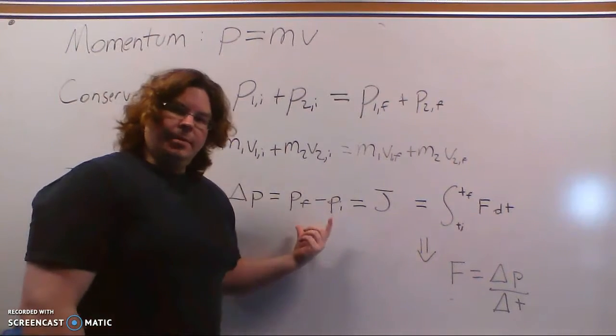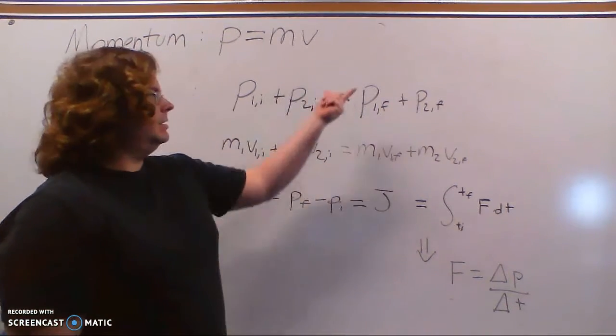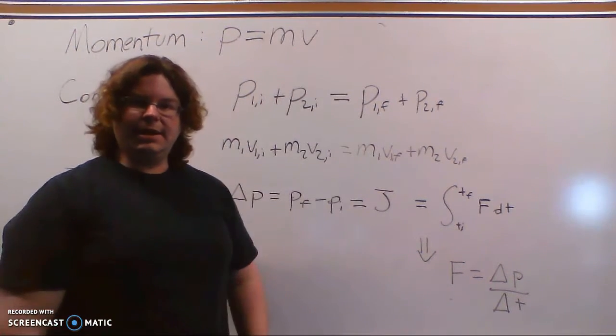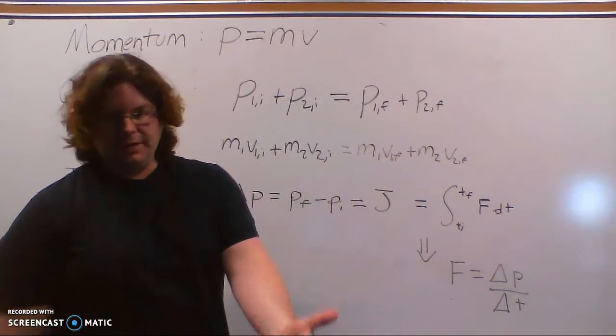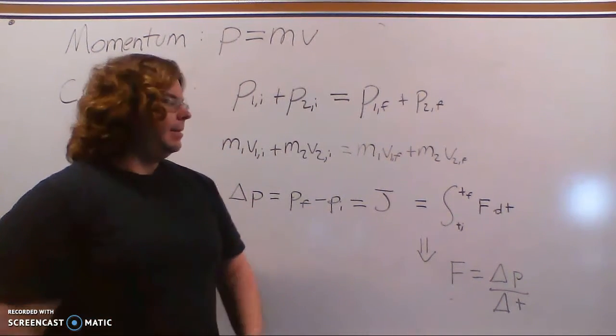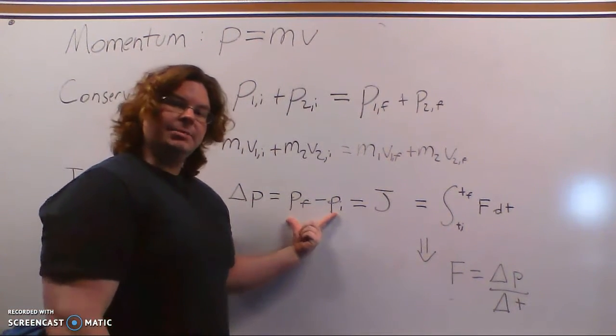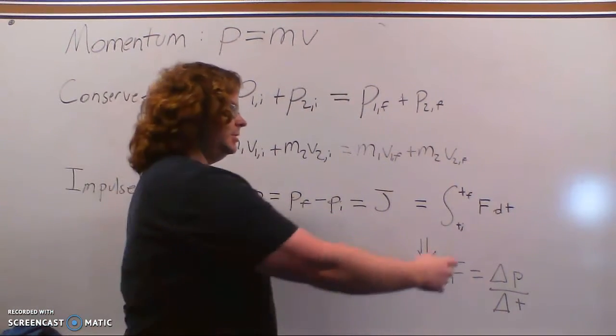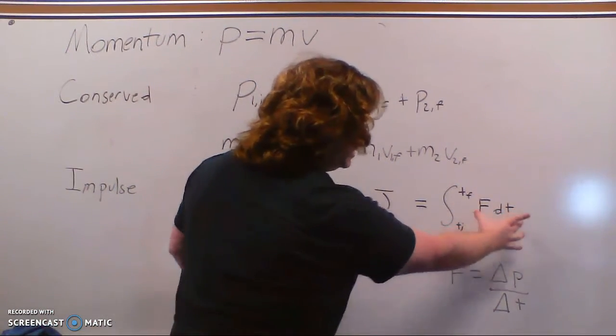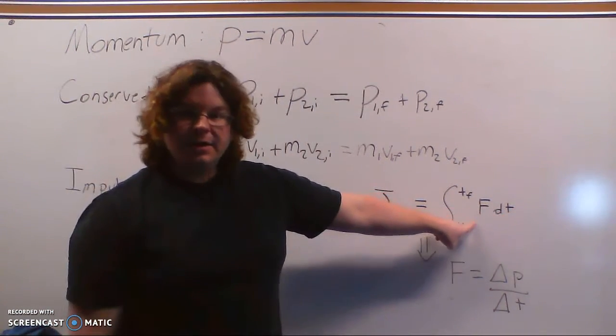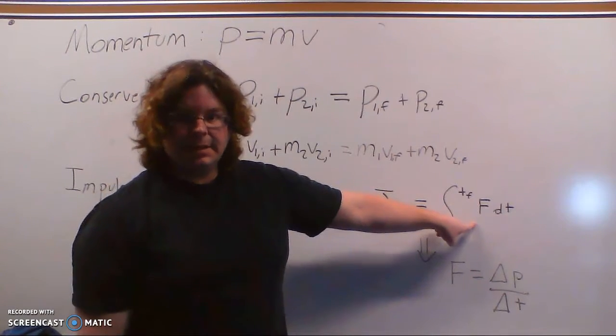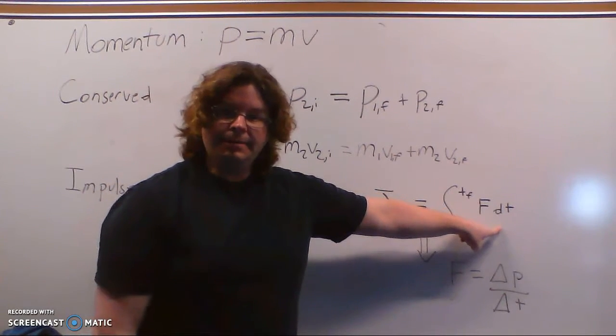Now, of course, because momentum is based on the velocity, and the velocity can be tied to the expression for the acceleration through calculus, that means that this change in momentum expression here can ultimately be written in terms of the integral of the force that is applied on something over the amount of time that goes by.